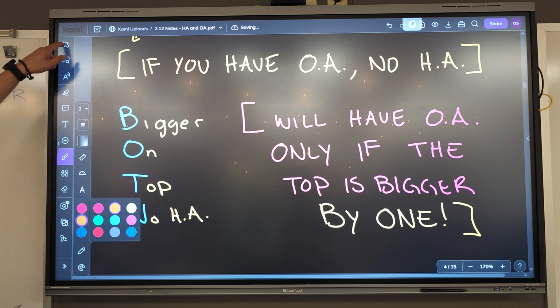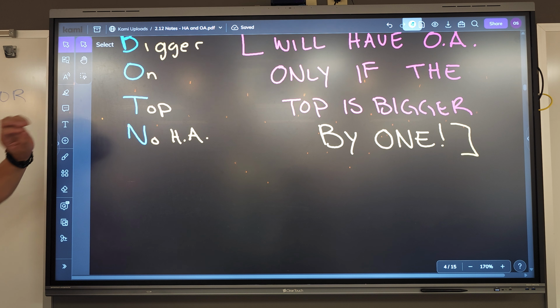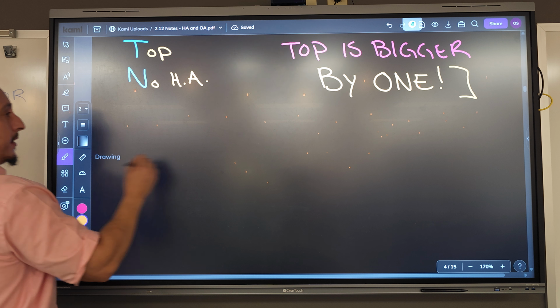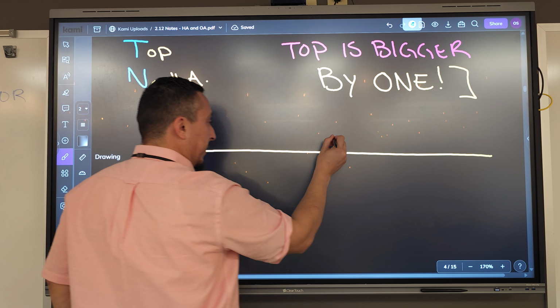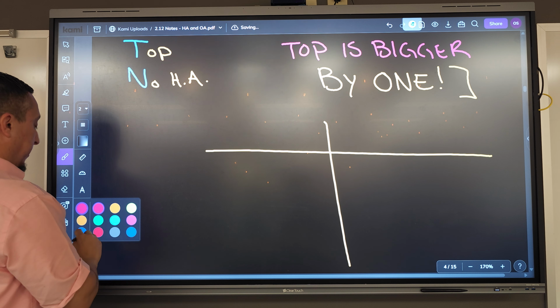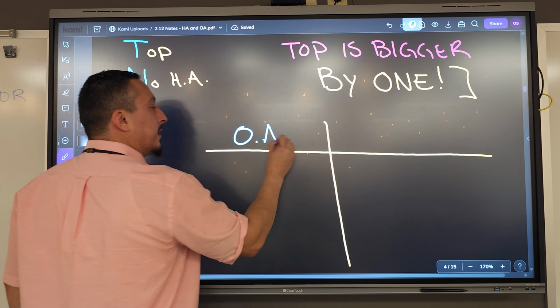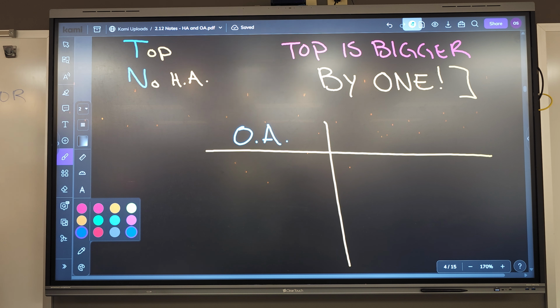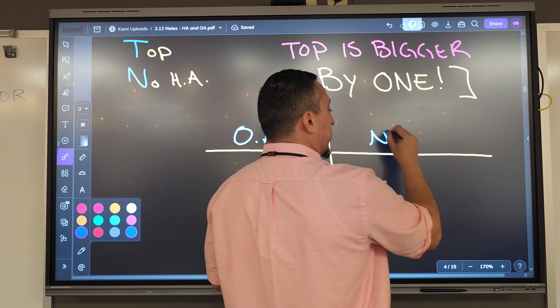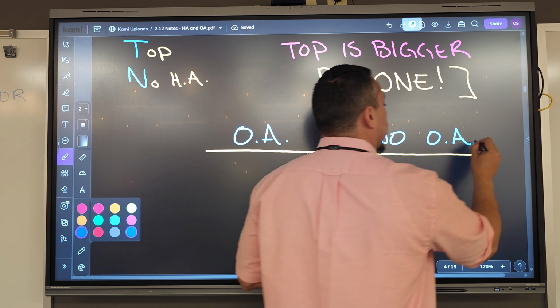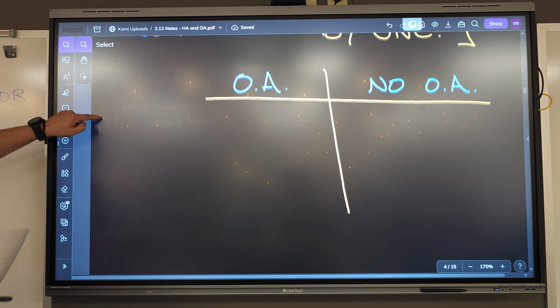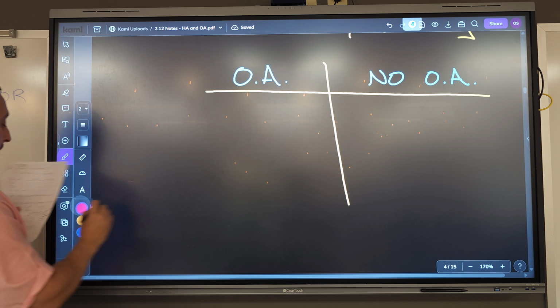Okay, now let me show you. We're going to make a little contrast table to see what's bigger than 1, what's not bigger than 1. Okay, so here we go. Let's compare. Okay, so this would be OA scenarios, and this would be no OA. So here we go.